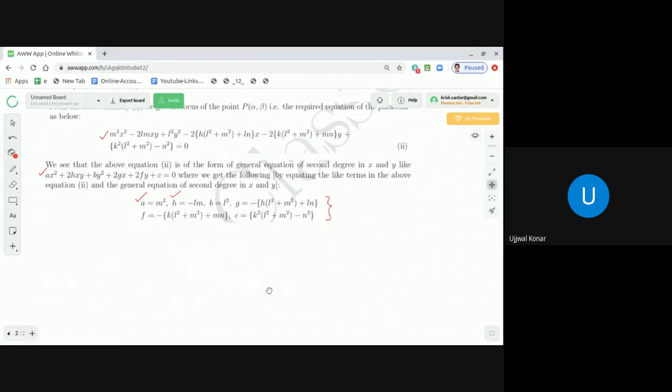There is a style of writing the determinant from the general equation of second degree, if you recall. If I underline this general equation of second degree in x and y, from there we can find the value of delta. In my previous few classes, I showed you how to write it down. I'm writing it once more, because if I do it repeatedly, it will stay in your mind clearly.